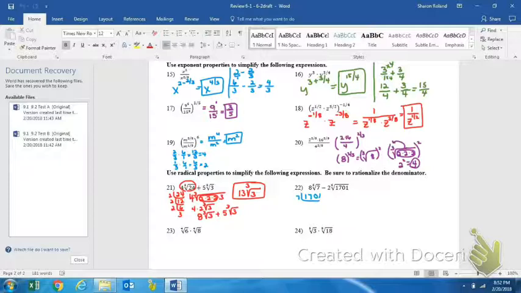So 1,701 divided by 7 is 343. Divide that by 7. Nope, doesn't work. Okay, 343 we'll divide by 3. Oops, I said 343. That is 243.